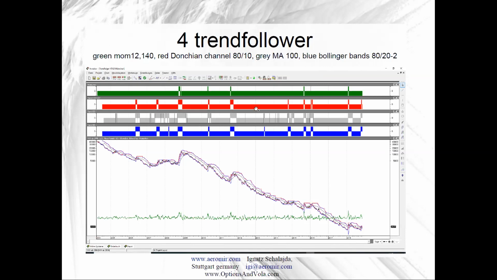A really very good, very simple trend definition. And of course, there are some false signals like here in 2016, when it's going up and down, up and down. But a very big advantage of this indicator is that it's not like the Bollinger Bands. Here I have different definitions.